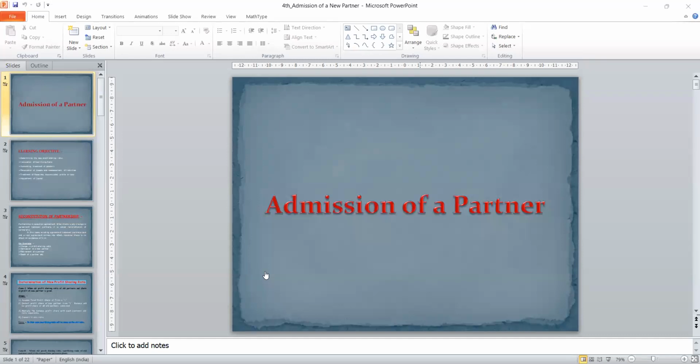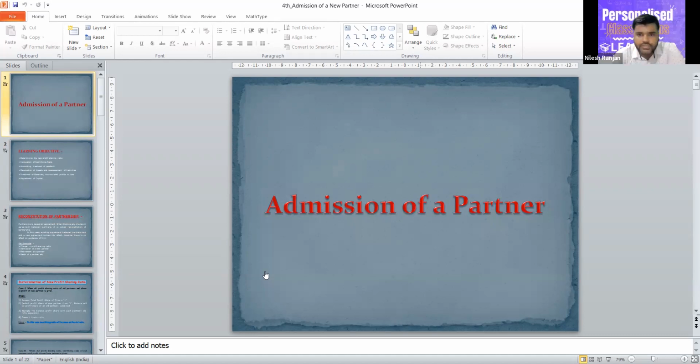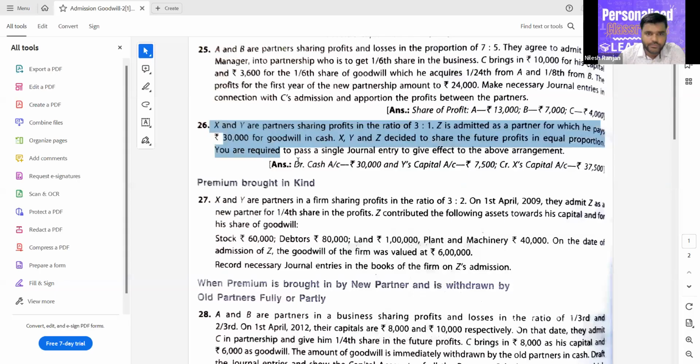So that is question 3. I'm asking about the previous question, question number 26. Actually, let me share it. My question numbers will change here. When we share it, we change the number actually. Okay, so this one.